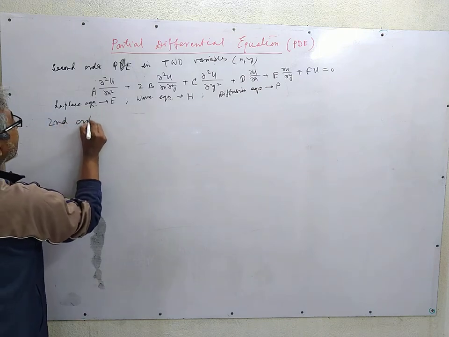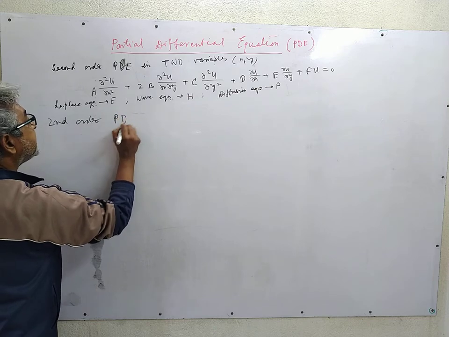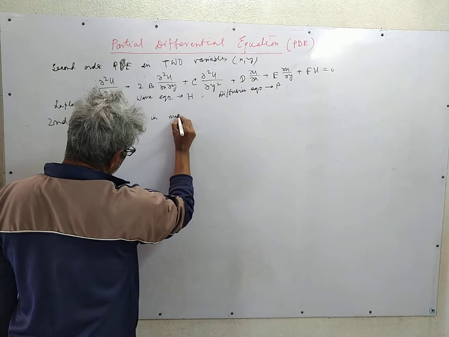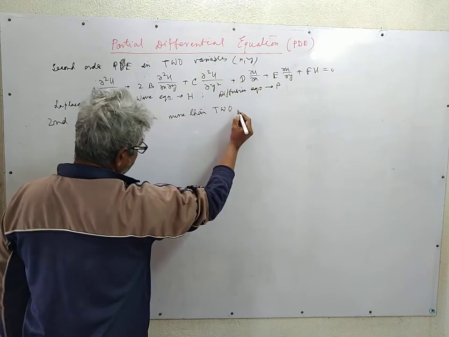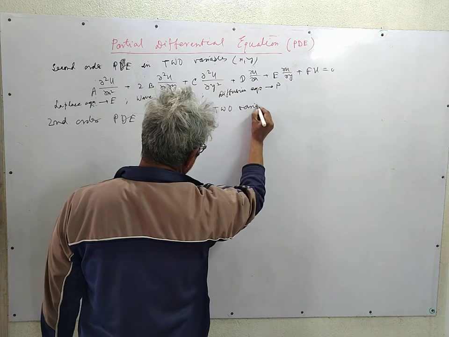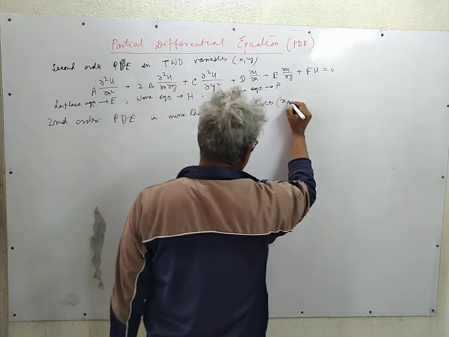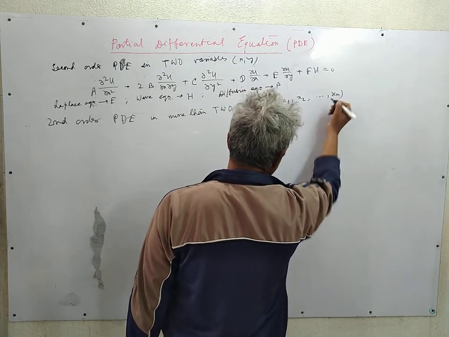Second order PDE in more than 2 variables. We consider the variables to be x1, x2, right up to xn.